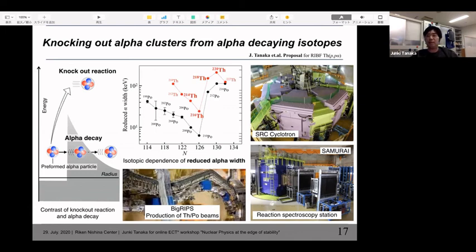These photos are the facilities in RIKEN Nishina Center, cyclotron, and separator to produce these polonium and thorium beams, and separator, which we plan to use for spectroscopy station.